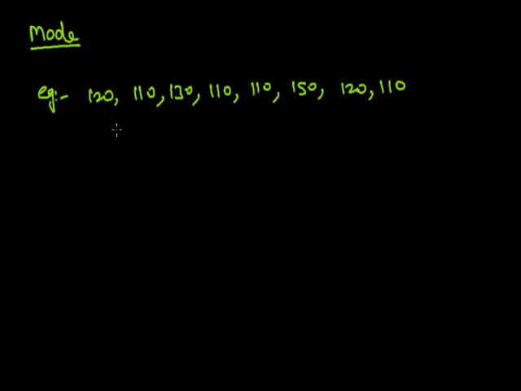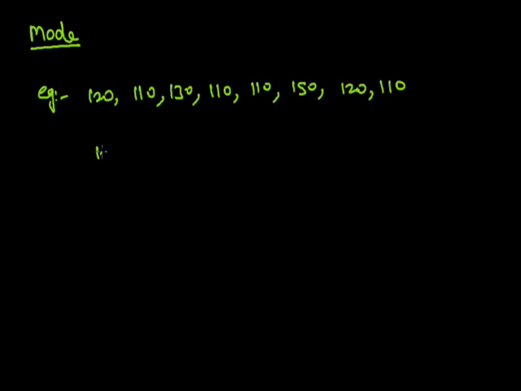There are 8 observations, 1 2 3 4 5 6 7 8, and some observations are repeating. So we need to find out which observation is repeating how many times.